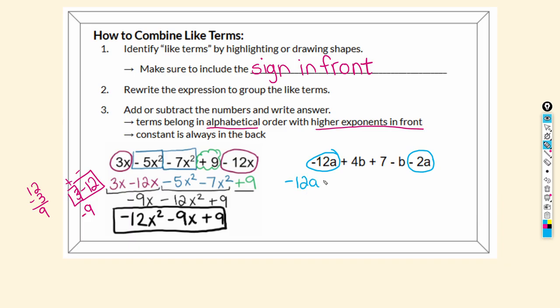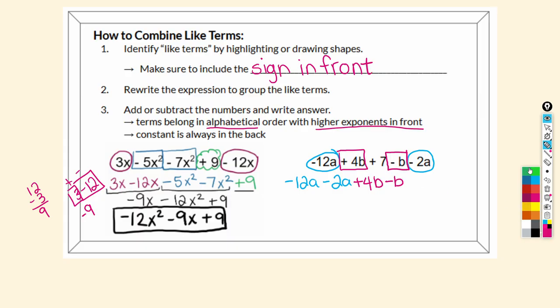Negative 12a minus 2a. You see how the sign in front connects to it. It's minus 2a. Now let me box in plus 4b. This does not have a b, oopsie, but this does. So negative b is like terms with plus 4b. So let's write them together.